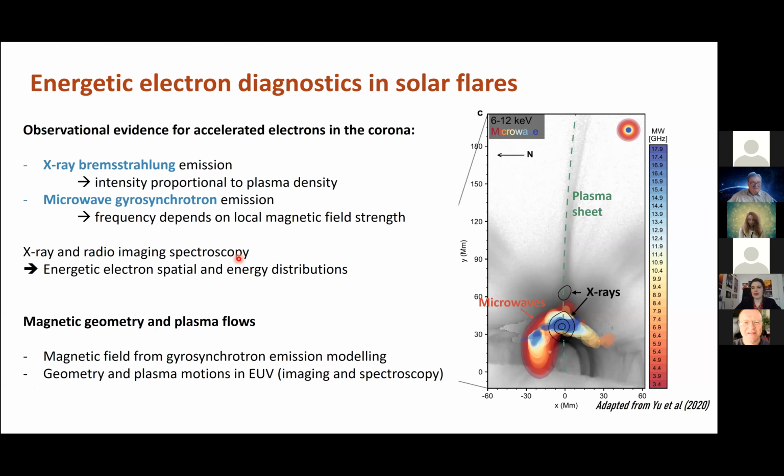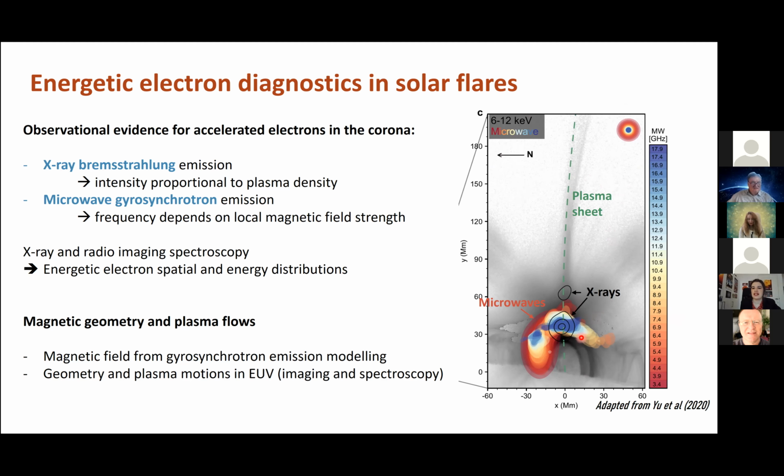So what can we do observationally to study particle acceleration and magnetic reconnection? We can use the different diagnostics that we have. Here is an example of a recent observation of a solar flare. In grayscale, you can see the EUV emission that is emitted by hot plasma.